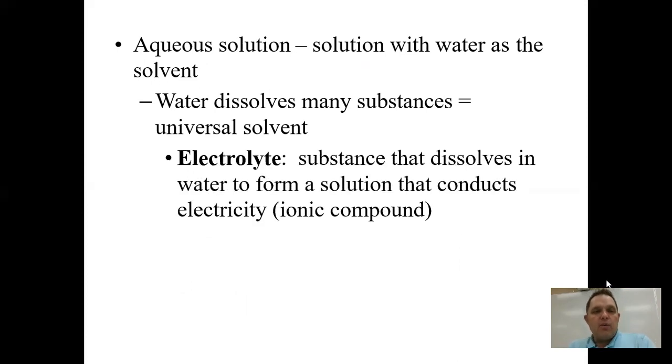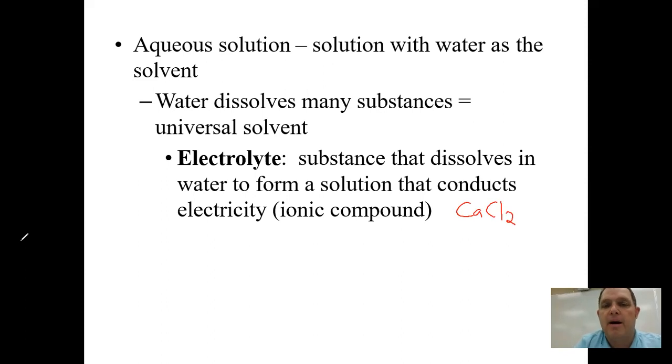Now, in these aqueous solutions, we can ask ourselves, is it an electrolyte or not? An electrolyte is an ionic compound. And just to remind us what ionic compounds are, I'm going to do CaCl2.